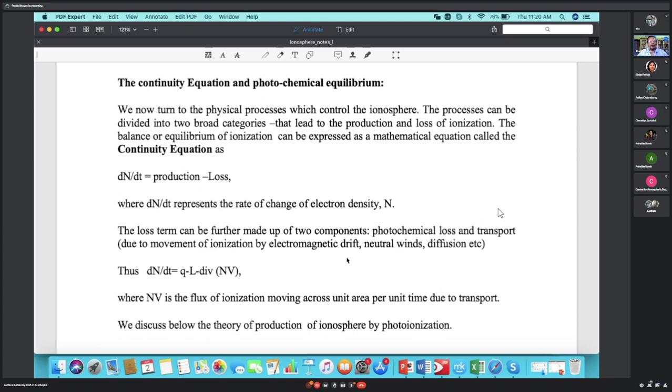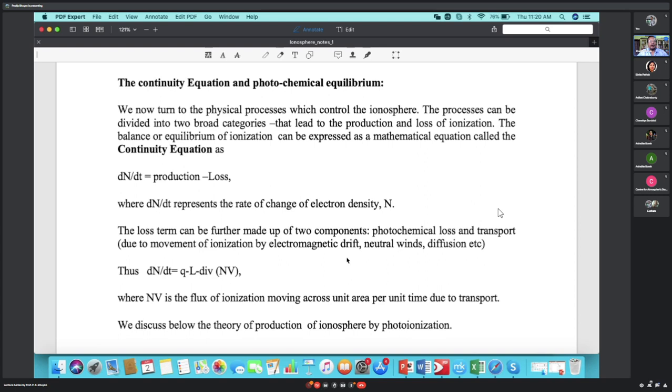And the transport can be because of electromagnetic drift, because you have electric field and magnetic field. If the electric and magnetic fields are at cross purposes, that means E cross B, then you will get perpendicular drifts. Then winds, neutral winds. Neutral wind means the winds which carry the neutral molecules or atoms.